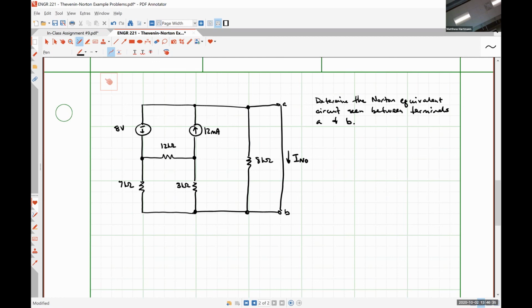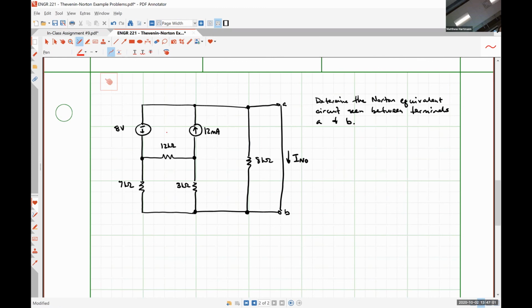Okay, somebody else, either in Zoom or here in the classroom, just throw something at the wall and we'll see if it sticks. Mesh analysis, that's absolutely what I would have chosen. There are no practical voltage sources or practical current sources that we could do source transformation or anything on. We're trying to find the current, so mesh analysis seems like a pretty reasonable way to do that.